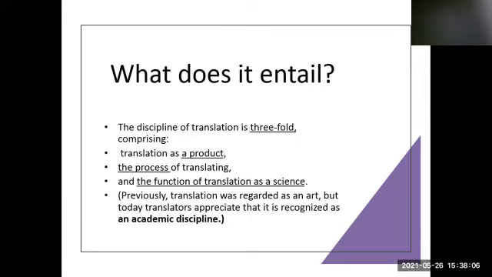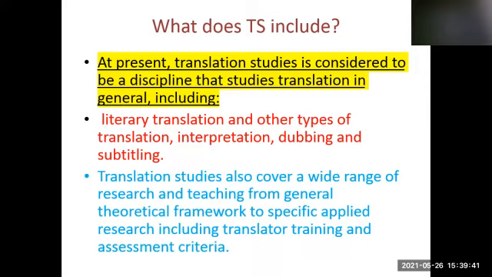For example, literary translation and other types of translation like scientific translation, medical translation, and interpretation. You see, when you see two presidents speaking together, there is always an interpreter for each one.